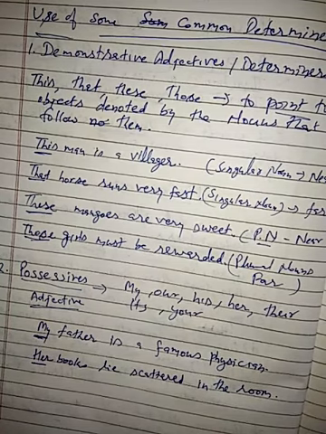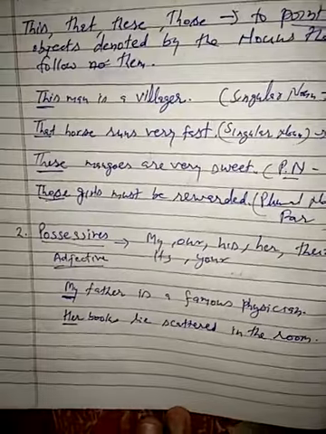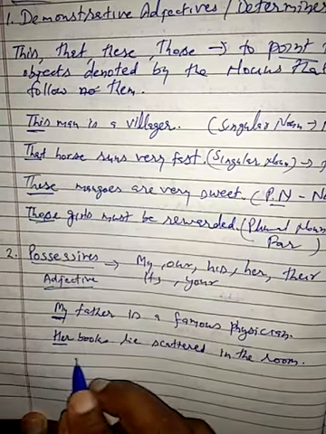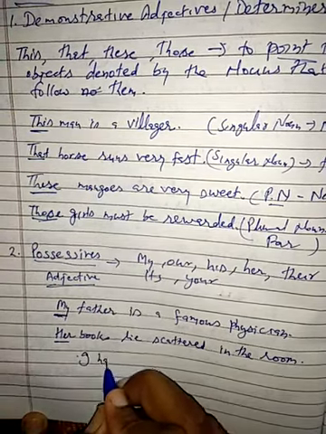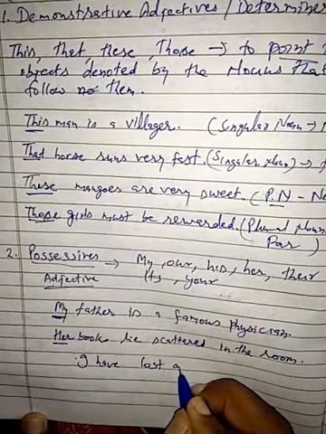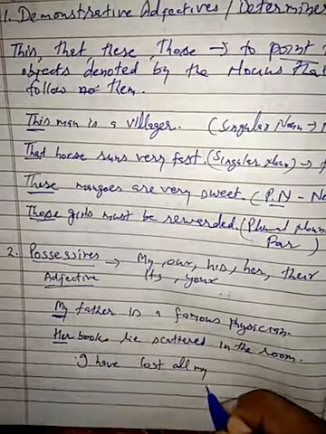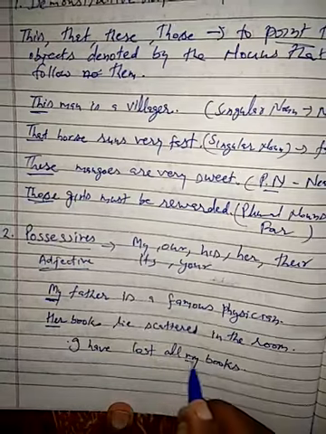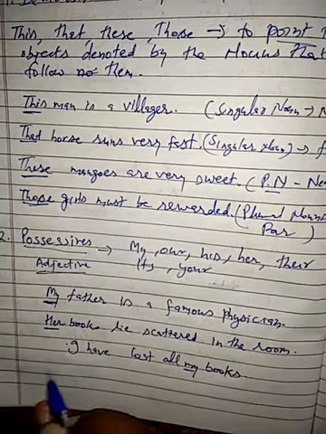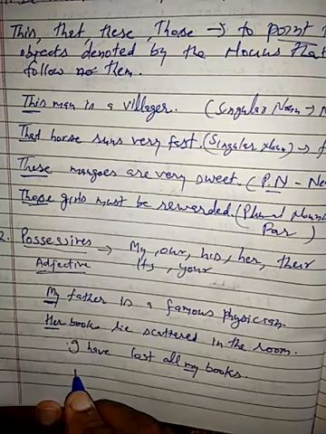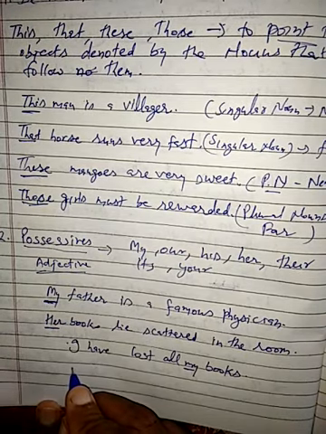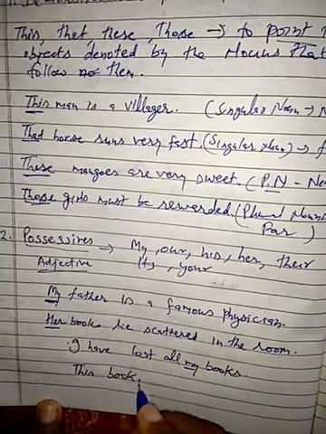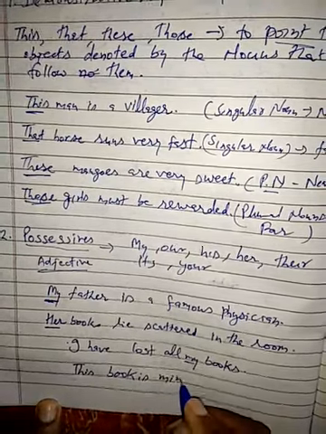And now let me tell you the difference between possessive adjective and possessive pronoun. If I say, I have lost all my books, सारी बुक्स खो दी, so what is my? Read another example. This book is mine.